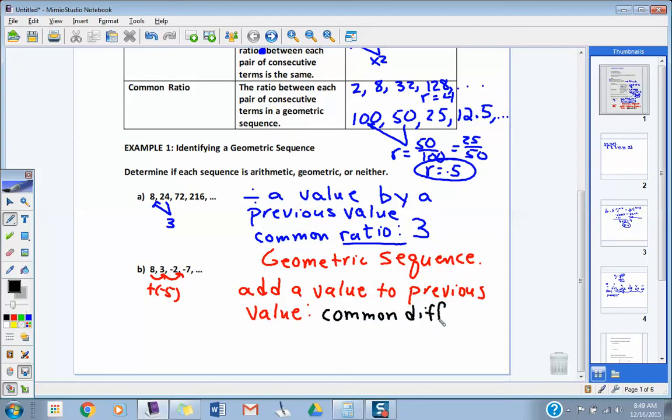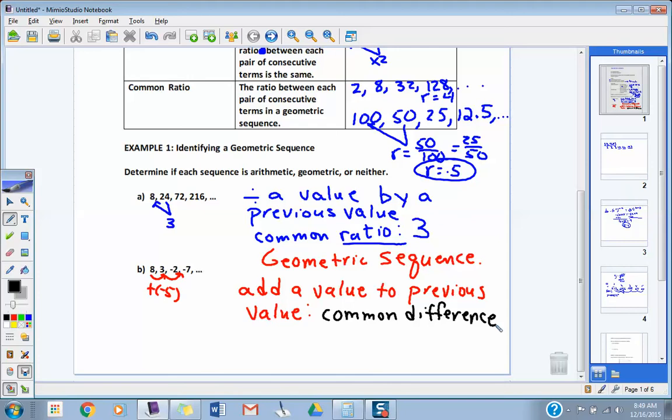Anytime you have a common difference, in this case, what was I adding each time? What were you adding each time? -5. We would say that that's not a common ratio, it's a common difference.